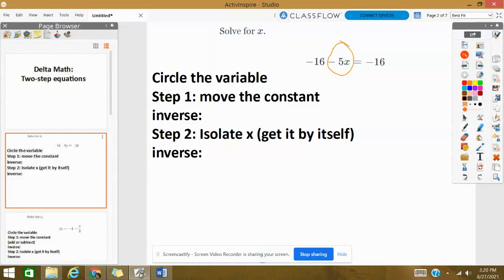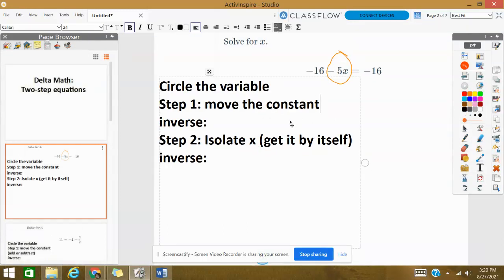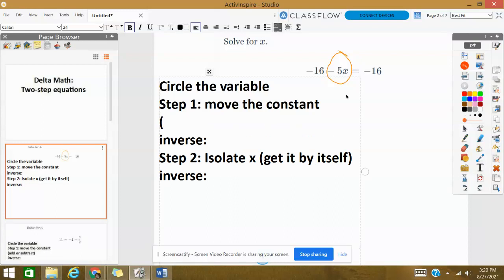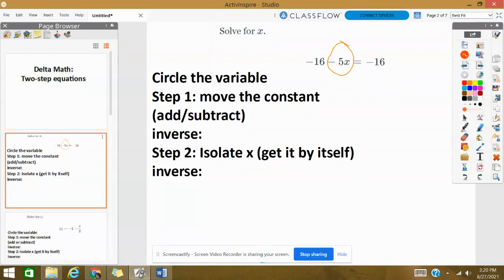Once you do that, you're going to move the constant. Now, to move the constant, you're going to do one of two operations. You're either going to add the value or you're going to subtract. Okay. So let's look at it. We have negative 16 minus 5x is equal to a negative 16.